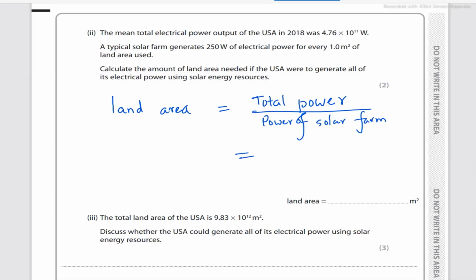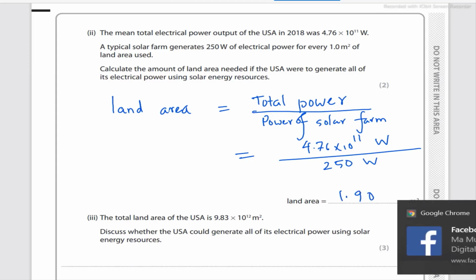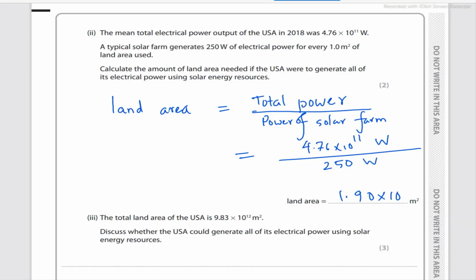So total power here 4.76 times 10 to the power 11 watt divided by solar power of solar farm 250 watt. So area will be 1.90 times 10 to the power 9 meter square.